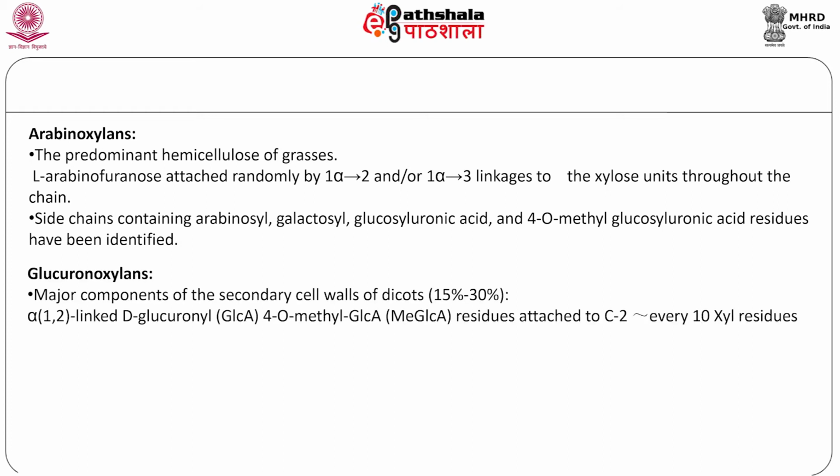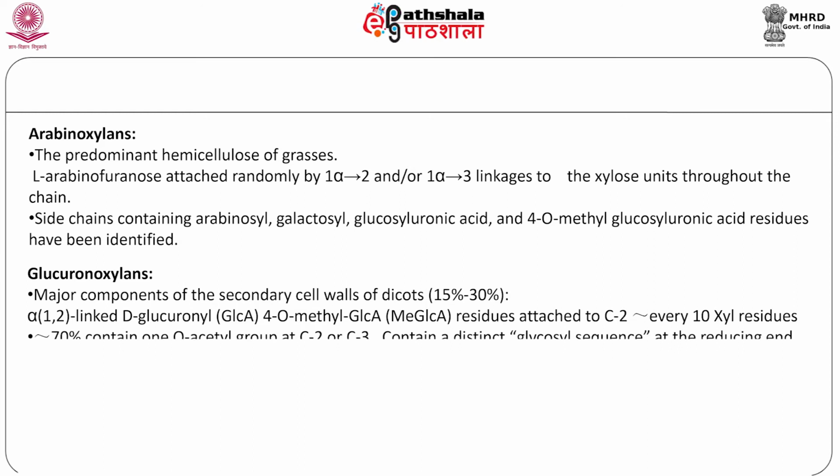Glucuronoxylan. It is a major component of secondary cell walls of dicots. It is present around 15 to 30%. In this, alpha 1,2 linked D-glucuronyl, that is GlcA, and 4-O-methyl GlcA, that is MeGlcA, residues are attached to carbon every 10 xylan residues.